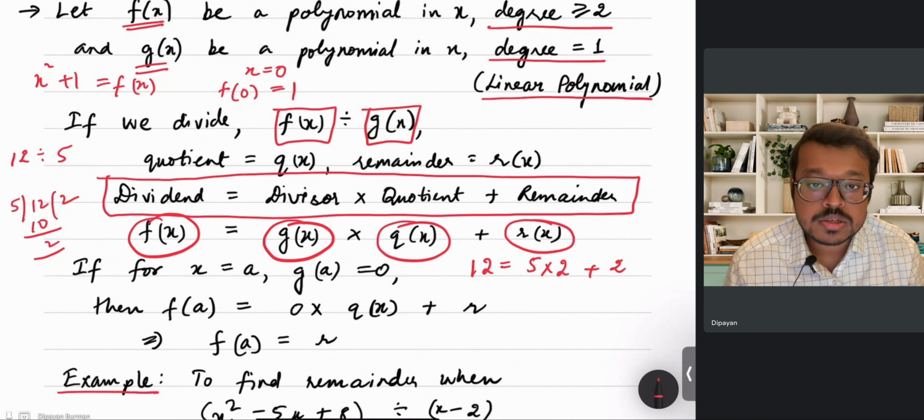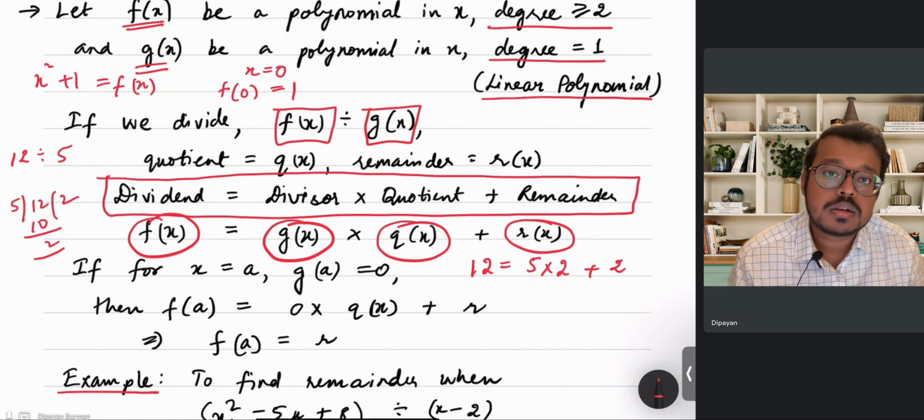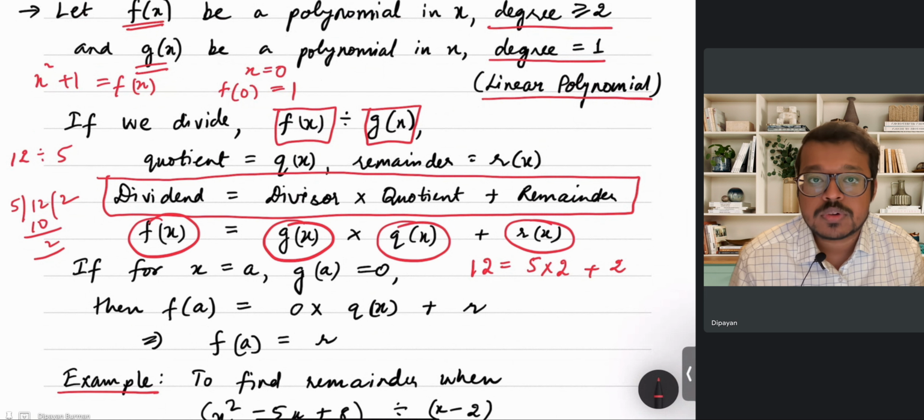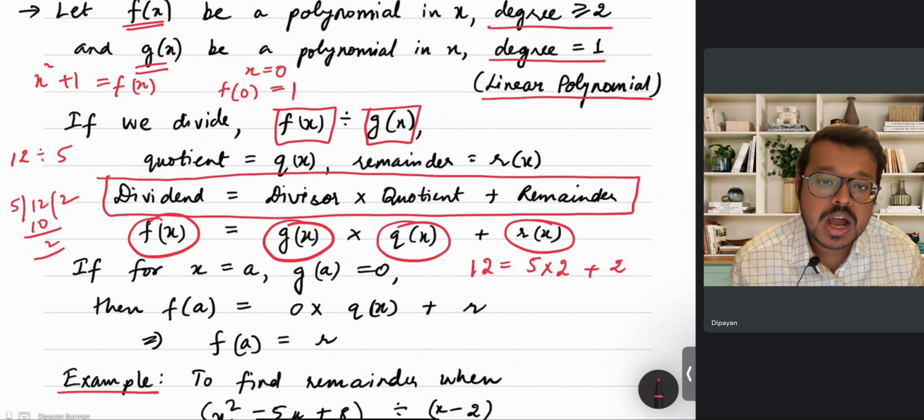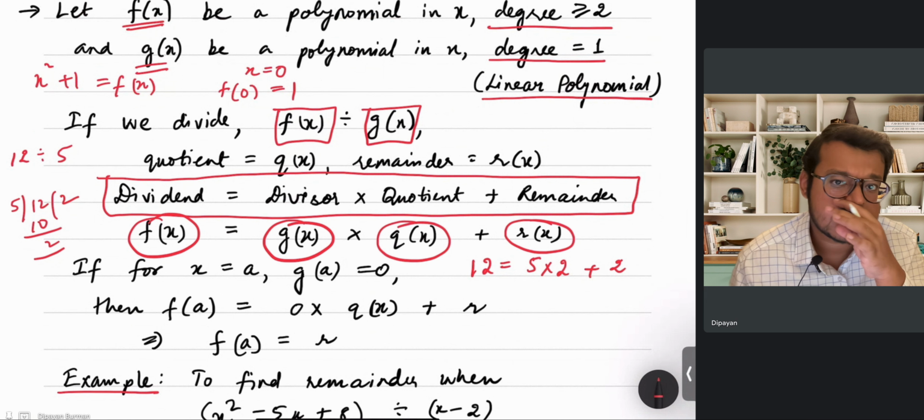Now also one thing to notice is that the divisor here we are taking a linear polynomial, so degree 1, and the remainder will always have a degree less than the divisor. So the remainder will have degree less than 1, that means degree 0, and a polynomial with degree 0 is just a constant number. So I can also just write r instead of r of x because it's just a constant number.